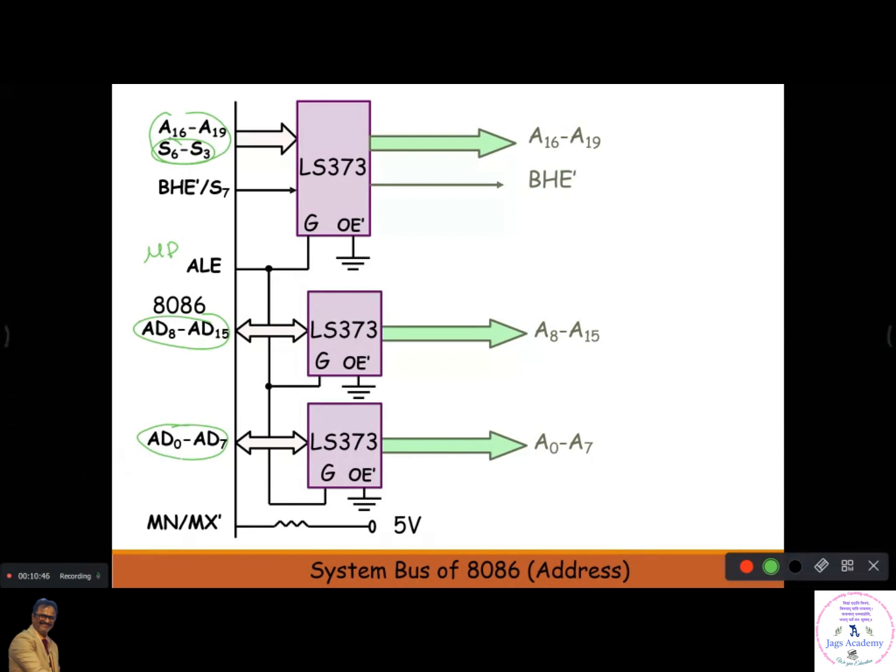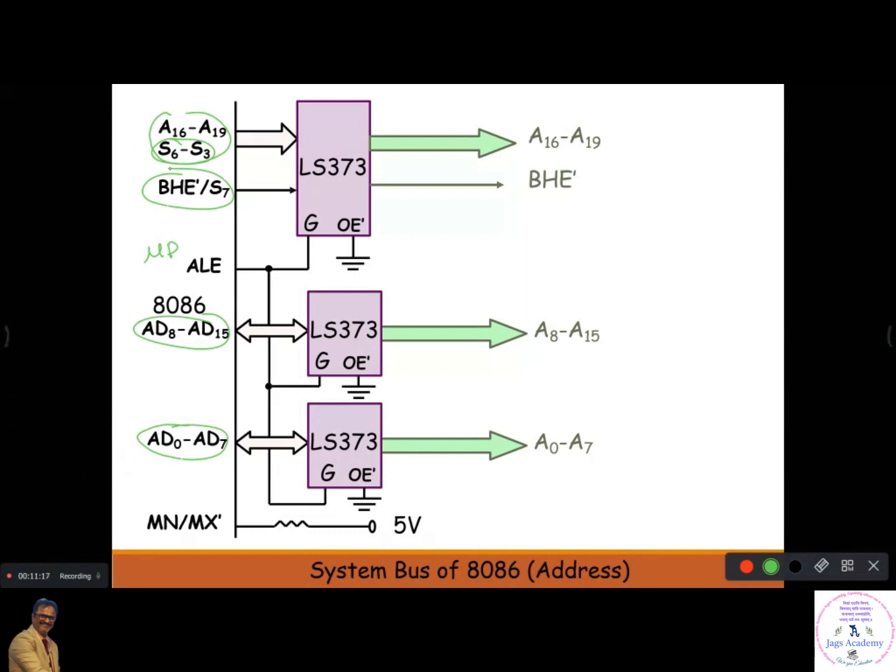Bus high enable is also multiplexed with S7. Now you have to separate them. Whenever address latch enable goes high, I already told you, I'm repeating it every time, then AD0 to AD15 and also A16 to A19 should act as only address lines, nothing else.